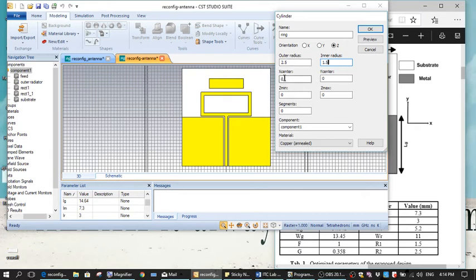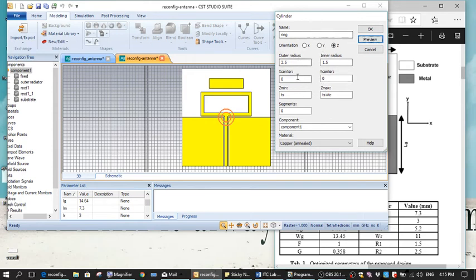So it will automatically make a ring for you, but you need to center the ring towards here. So you need to consider the dimensions carefully: thickness of substrate, and thickness of substrate plus thickness of copper. So let's preview the ring. So the ring is right in the middle.